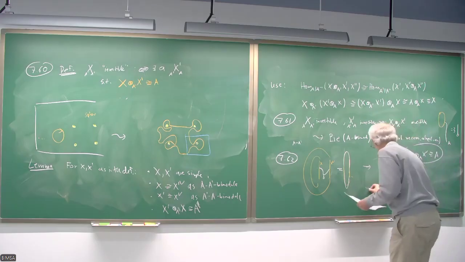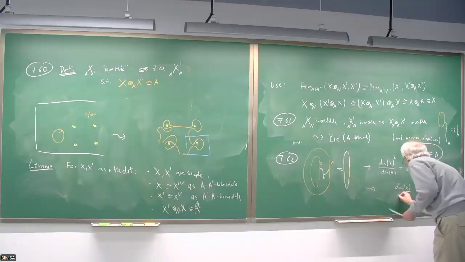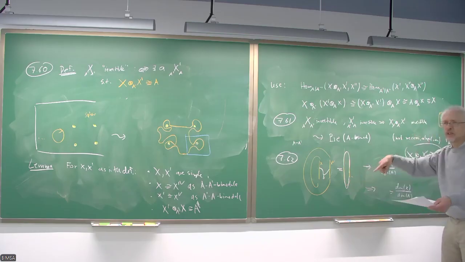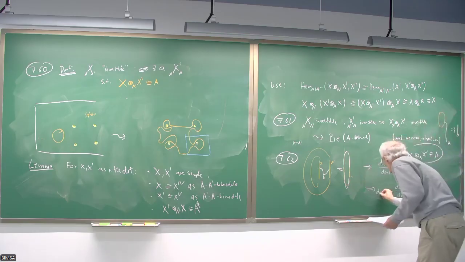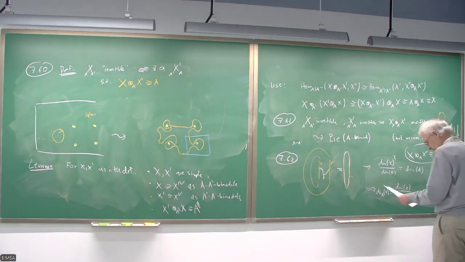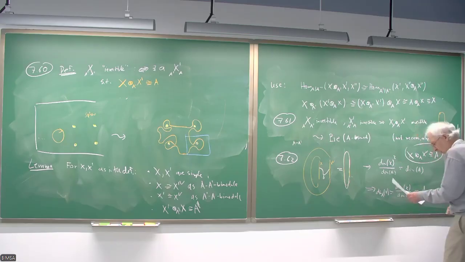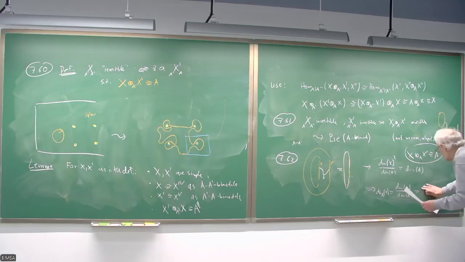And from this, we see that the dimension of X divided by the dimension of A, which, as I mentioned in the break, is the same as the A dimension of X, so the dimension of X as a bimodule, takes values in plus or minus 1.